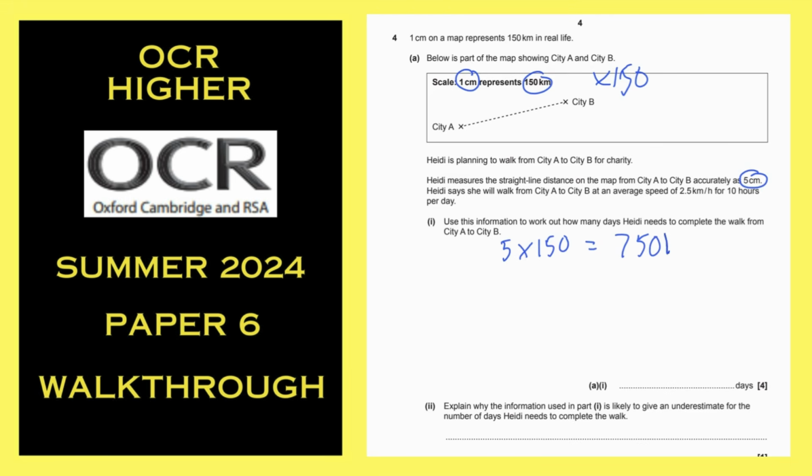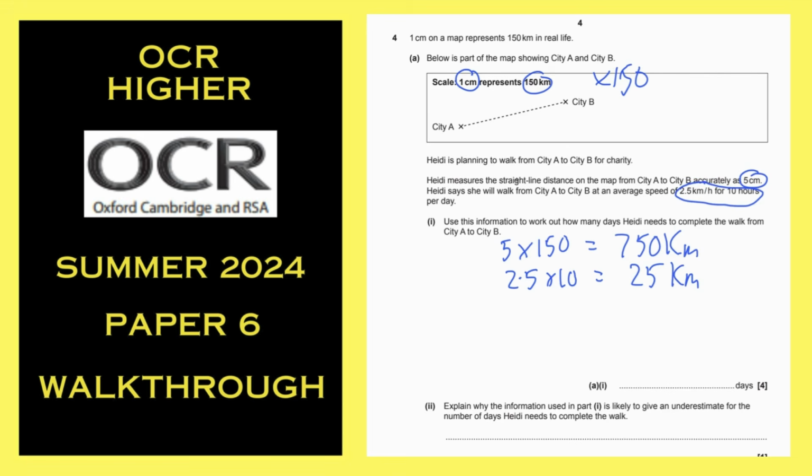She's reckoning she'll be walking 750 kilometres. She thinks she can do 2.5 kilometres per hour for 10 hours. That means she's thinking she can walk 25 kilometres per day.